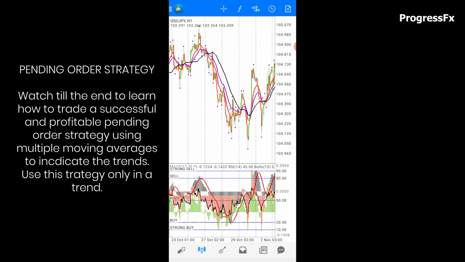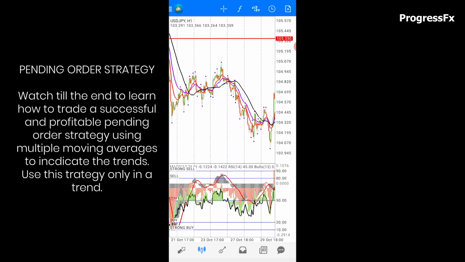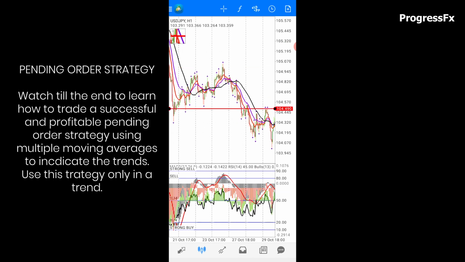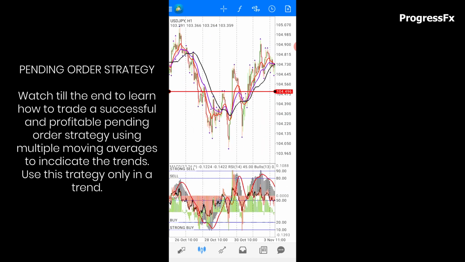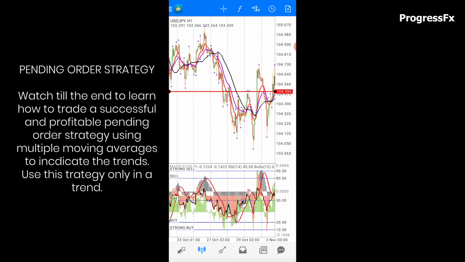But in this case where the market crossed here in this trend, now you made this the first candlestick, this the second one, this the third one, and this the fourth one, and you placed this line here and do the same thing.